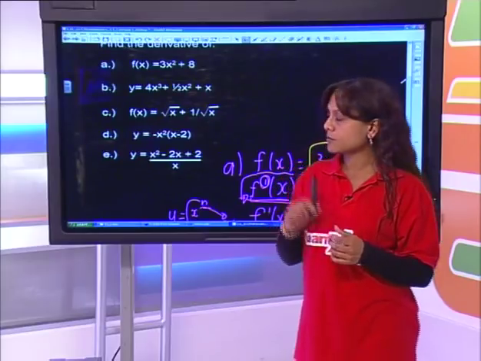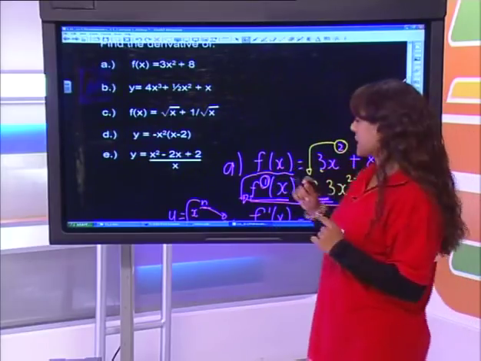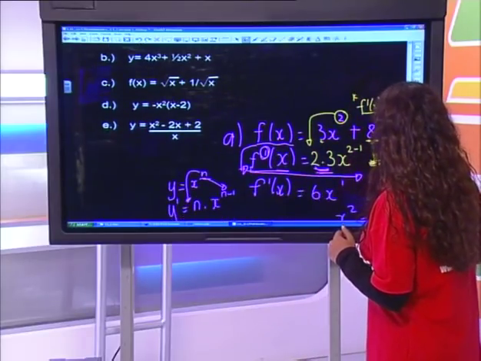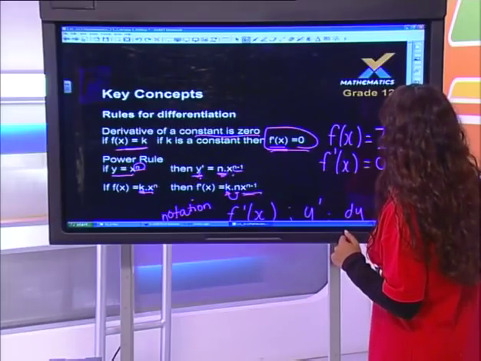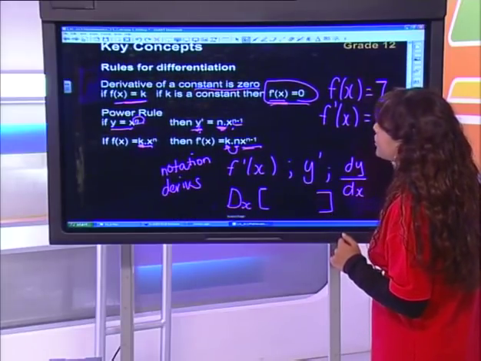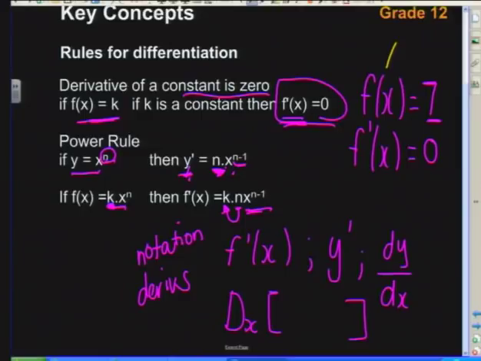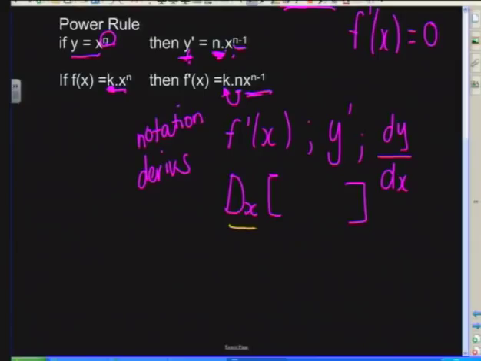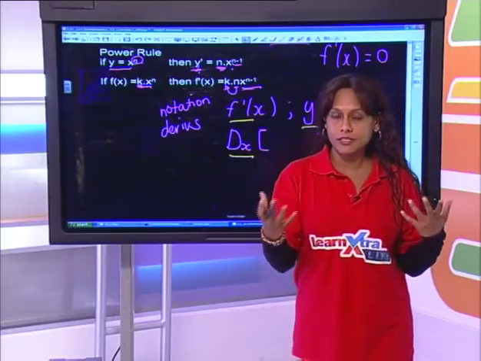All right, but remember guys, when I showed you at the beginning the different notation, f of x is a function value. That tells you the y value on your curve, right? And then remember I showed you this notation. As soon as you start saying f dash x, y dash, dy dx, you're talking about the derivative.